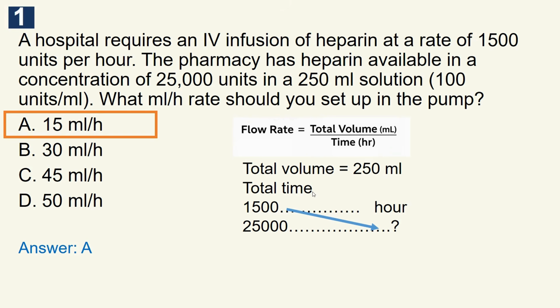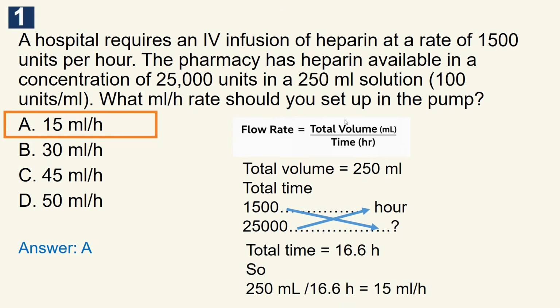If you do the cross multiplication, you point the arrow to the x, or the question, so it is x hours. Make sure the units match: this has to be units, this has to be units, and this is hours. If you calculate that, the time comes to 16.6 hours.